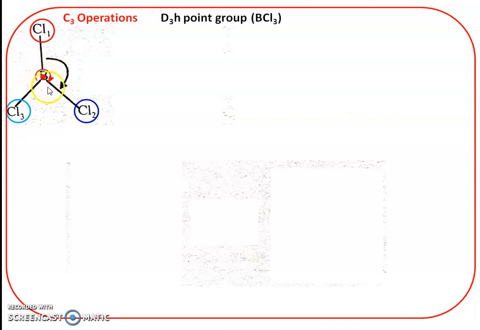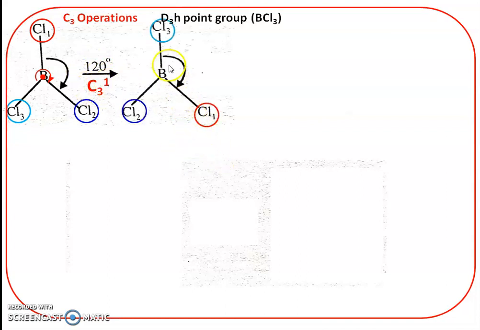Along this axis, when the molecule is rotated through 120 degrees, chlorine 1 takes the position of chlorine 2, chlorine 2 takes the position of chlorine 3, and chlorine 3 shifts to chlorine 1. This is the C31 operation, where theta is equal to 120 degrees. After the C31 operation, the molecule will look like this.